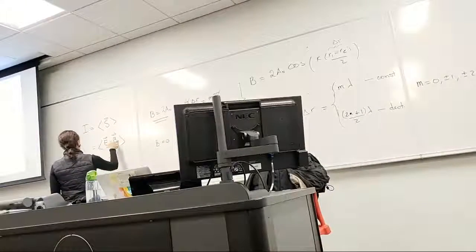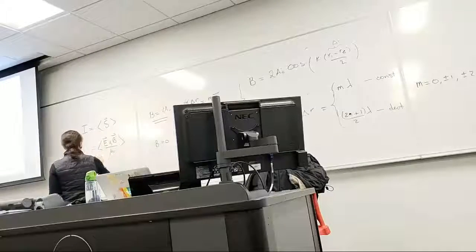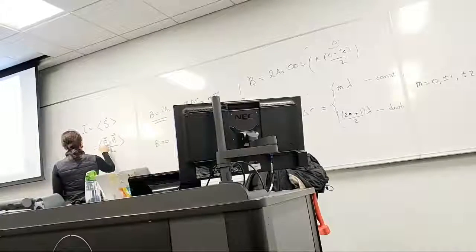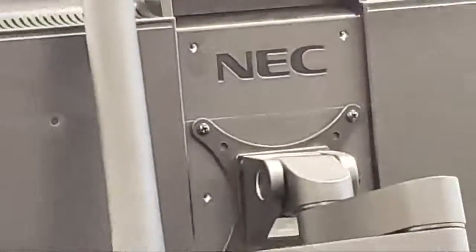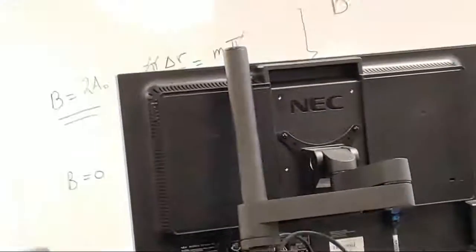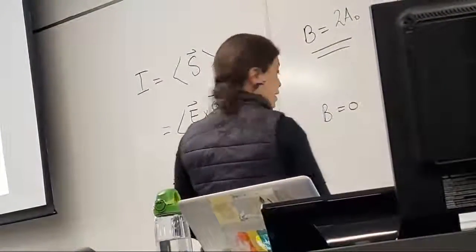And then B is equal to E over c, and these two are perpendicular to each other always, right? So that's E squared over c mu 0, average.